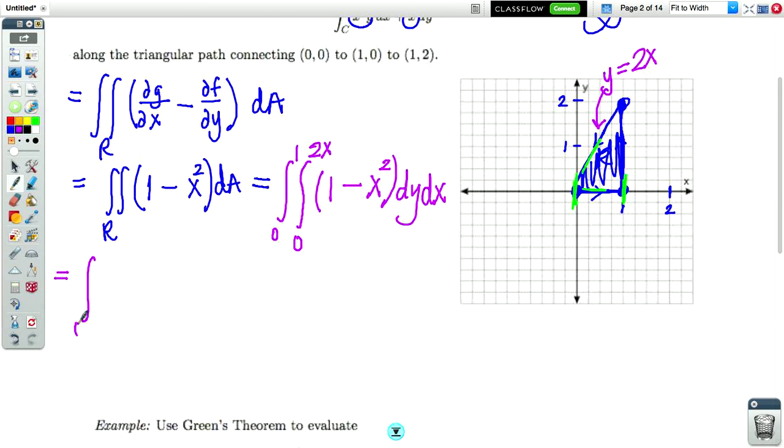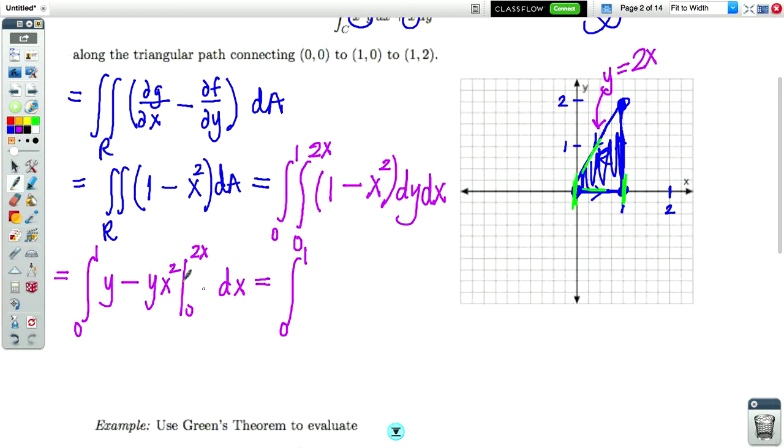So my first integration from 0 to 2x is with respect to y. So that first 1 is going to integrate to y, and then x squared integrates to y times x squared, and I'm evaluating this from 0 to 2x. And then when I'm done with that, I'll integrate again with respect to x, 0 to 1.